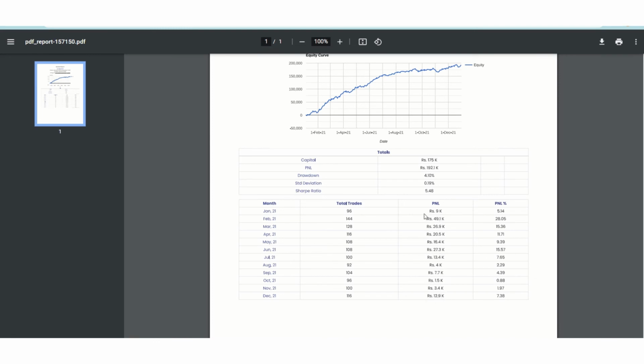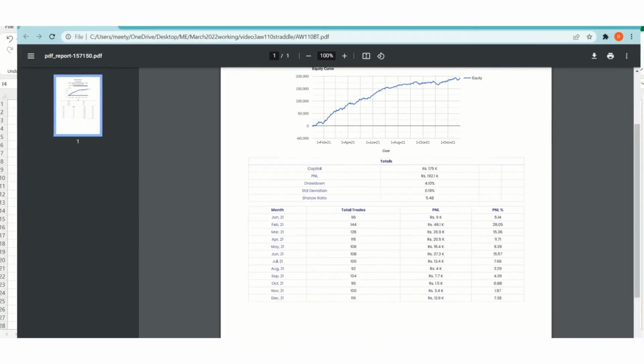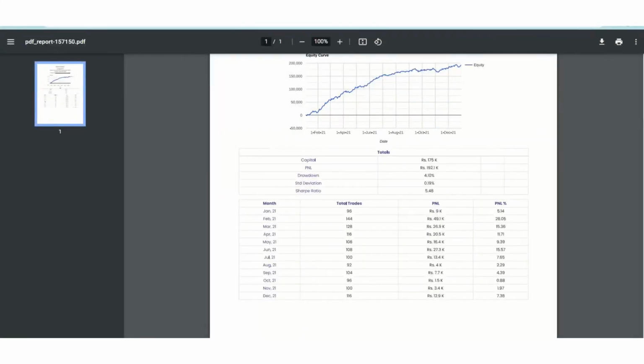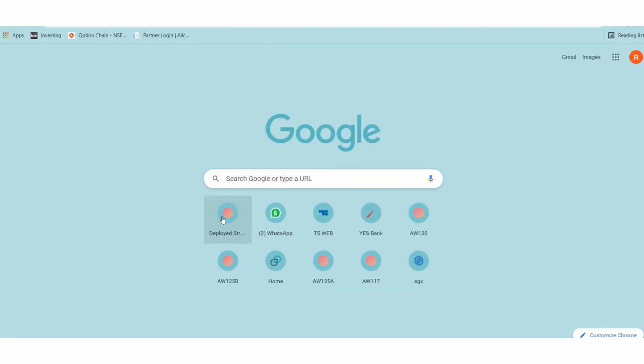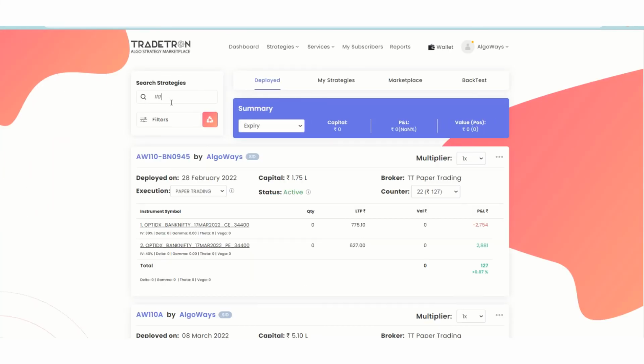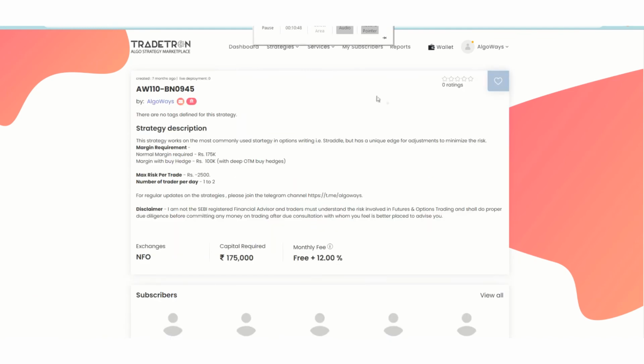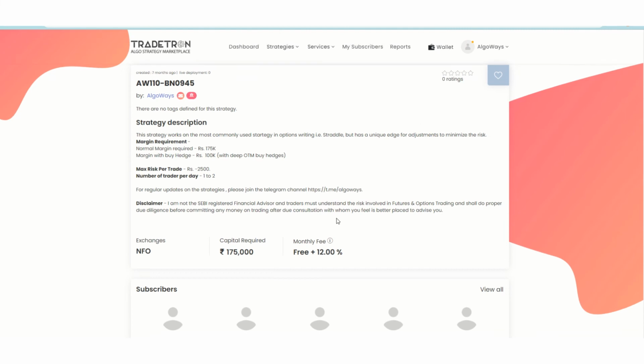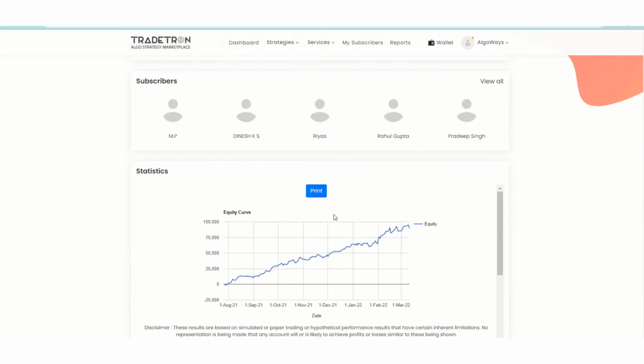You can see from the paper trade, this strategy also is running on TradeTron, I'll show you. I think from July or August it is running. So this is the equity curve.